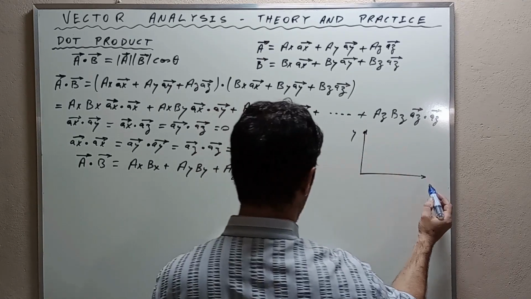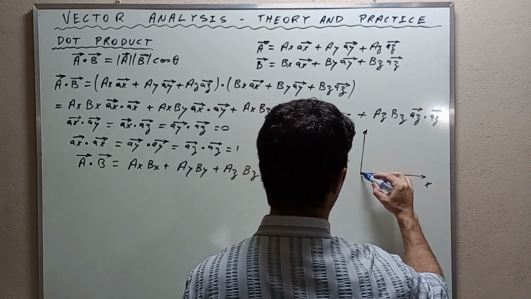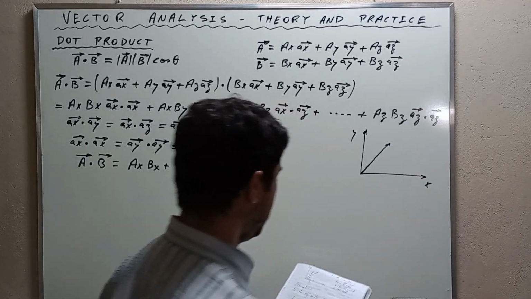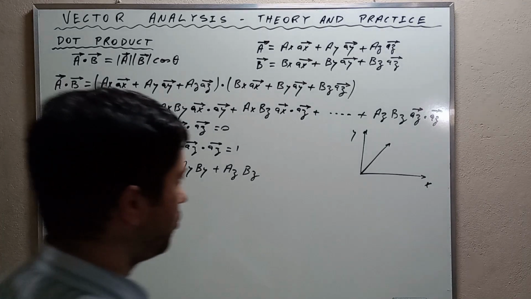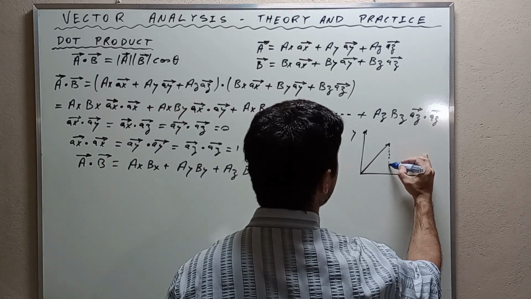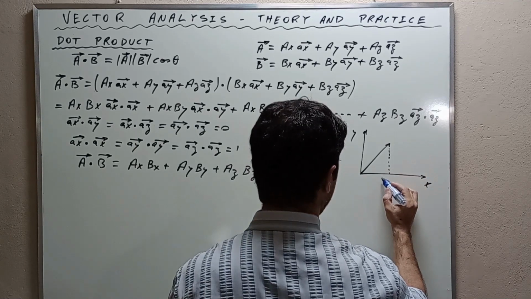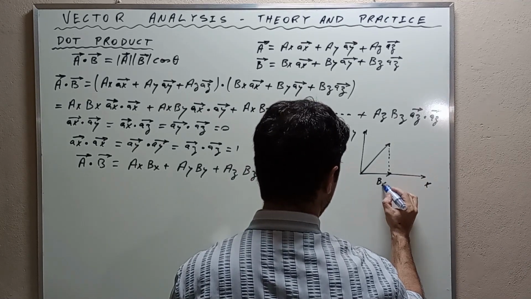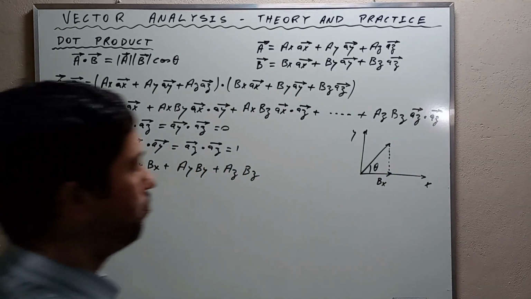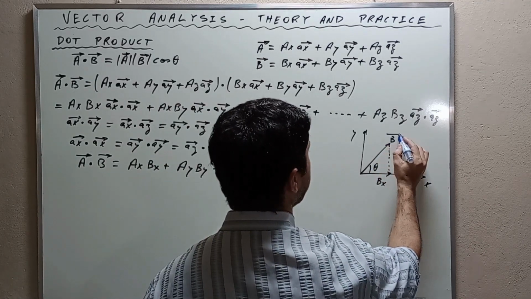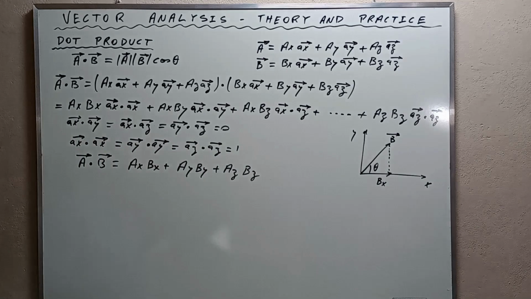Here is y, here is x, and here is the vector. We want to find the component of the vector in the x direction. How do we do it? The component of vector b in the x direction can be easily found by applying the dot product.